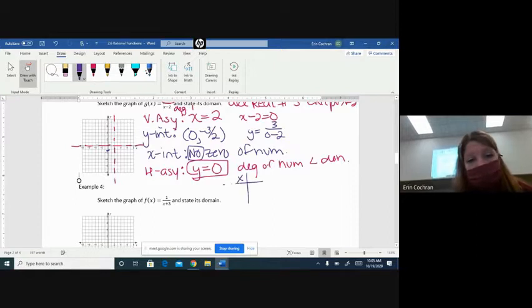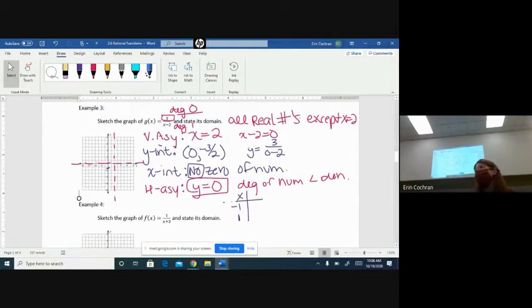Give me a number to the left of 0. -1. Give me one to the right of 0 that doesn't pass my vertical asymptote. 1, right? All right. So could I plug those values in and find my y-coordinate?